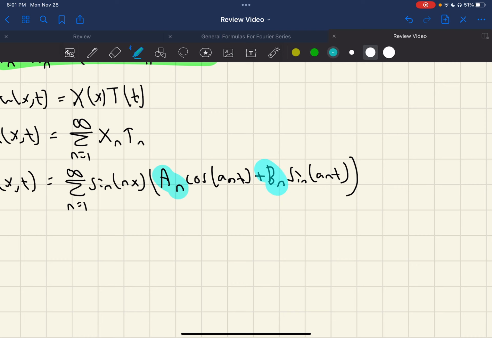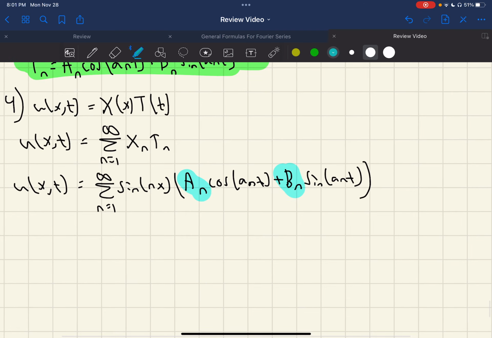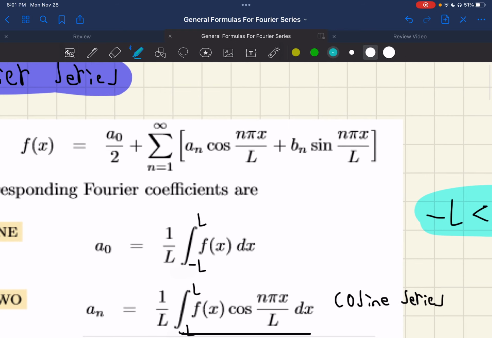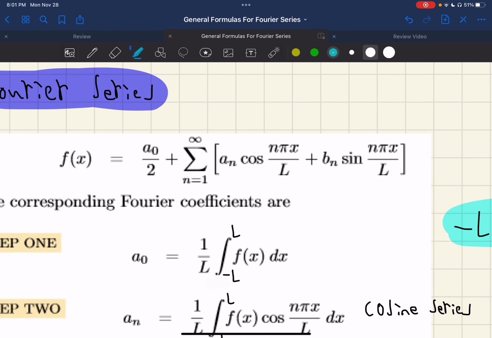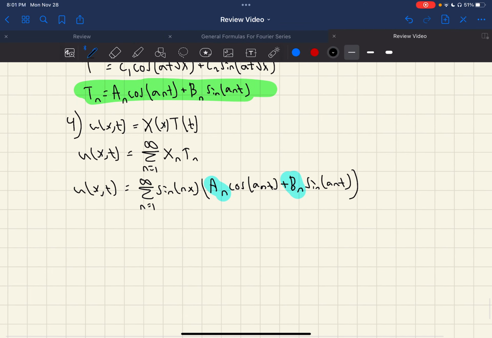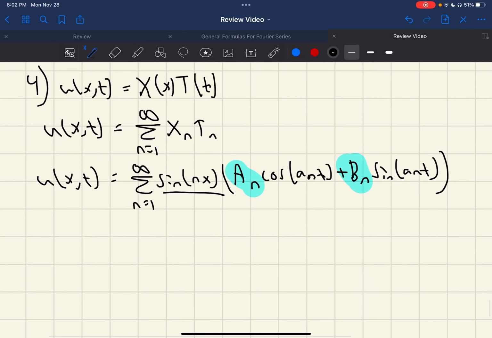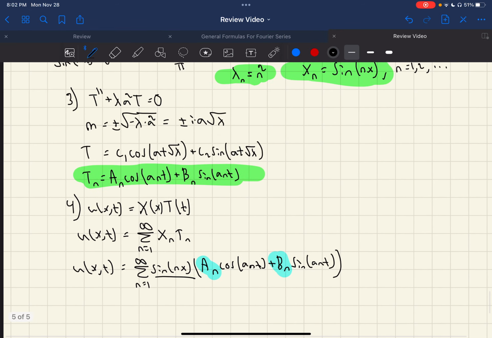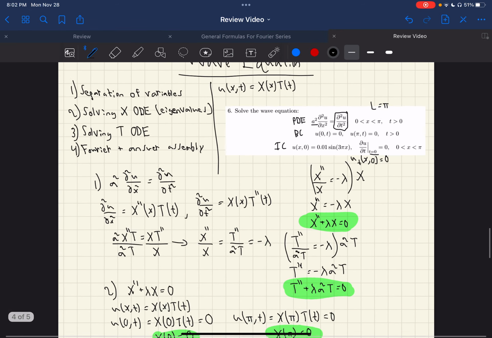These are Fourier coefficients, and we need to figure out what they are. If we look at what a Fourier series looks like, you can see how we have an a naught, and then in our series we have a lowercase an with a cosine, and then lowercase bn with a sine. Our function's not in that form right now because we have this extra sine of nx on the outside. So to fix that, we look at our initial conditions.